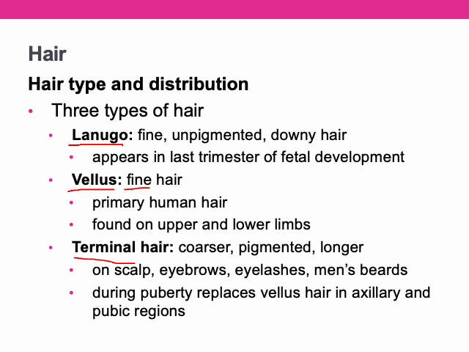Also, in some cases, it's the hair that can be found on the men's chest and trunk region. It also develops once a person reaches puberty, and what happens is the hair in the axillary and the pubic region is replaced from vellus hair to terminal hair.